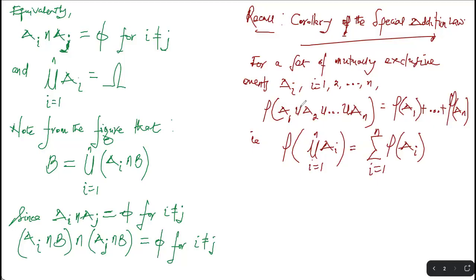Then you need to use the general additive law. The general additive law is still the summation, but you need to take out the probability of the various intersections. But here, the AIs are mutually exclusive, so we can just go with the special additive law.